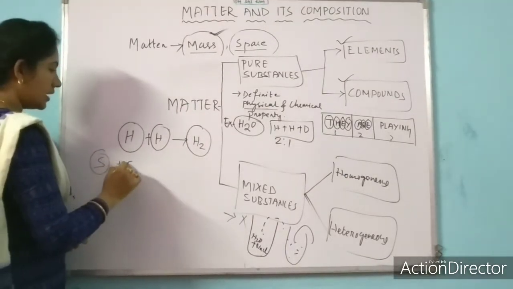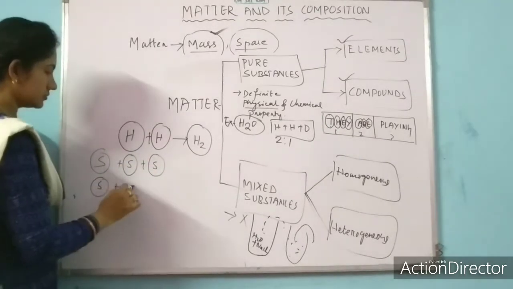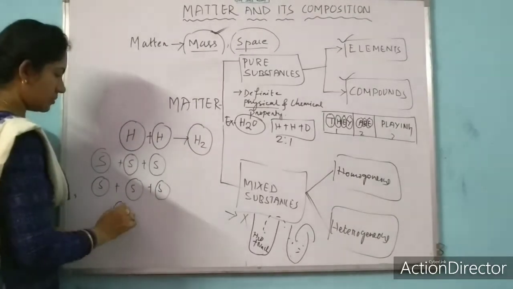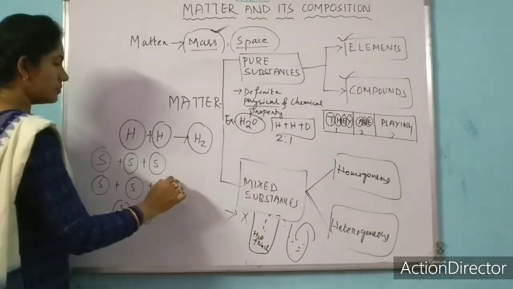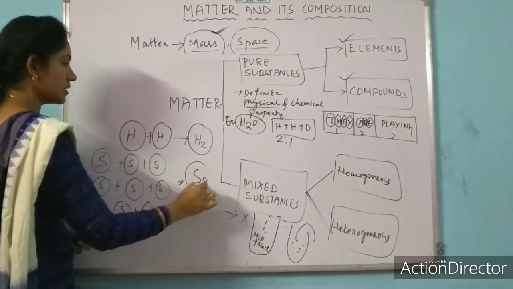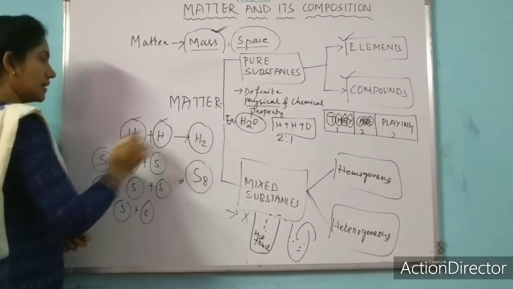Sulfur, 8 sulfur atoms combine to form a sulfur molecule. We can write it as S8. So these are the atoms.